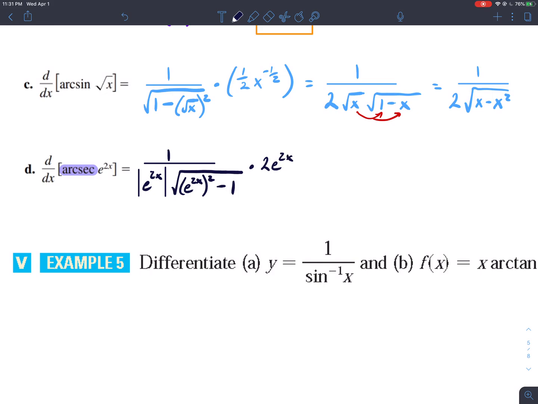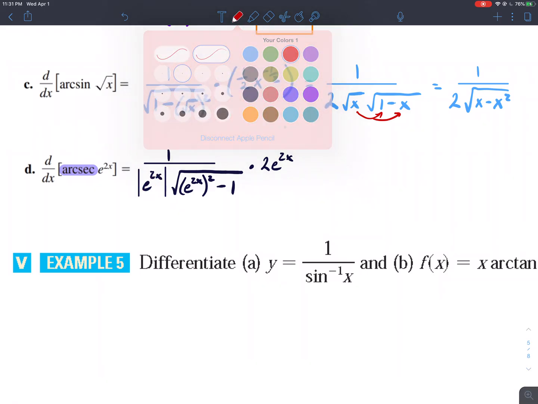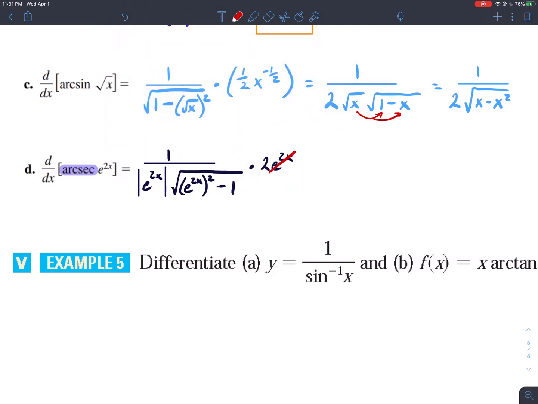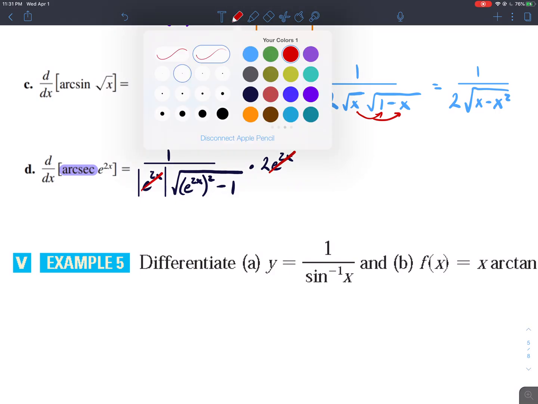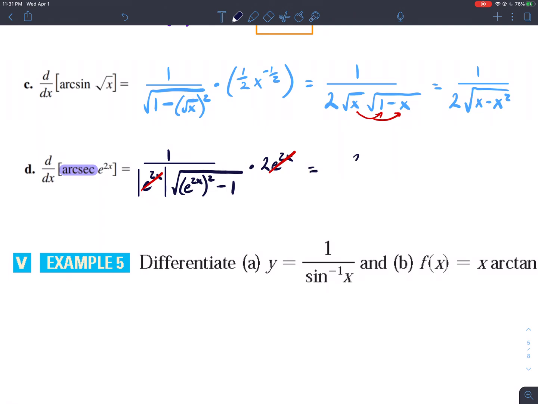All right? And then here, notice e to the 2x is always positive already. The absolute value is part of the formula, but e to the 2x is already always positive, so we don't need the absolute value here. And with that in mind, the e to the 2x on the top will cancel the e to the 2x on the bottom, and we are left with 2 over the square root of e to the 4x, minus 1.